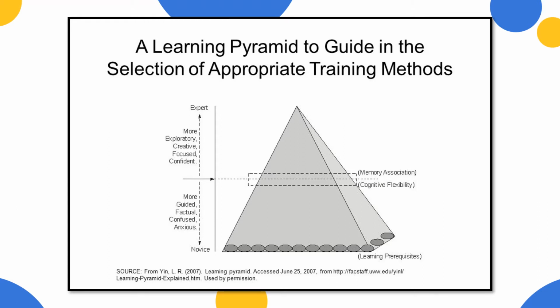Then provide assistance for all trainees to ascend toward an expert level of performance. In many situations, both guided and experiential approaches are used. This combined approach is especially valuable when trainees have different learning styles and preferences.